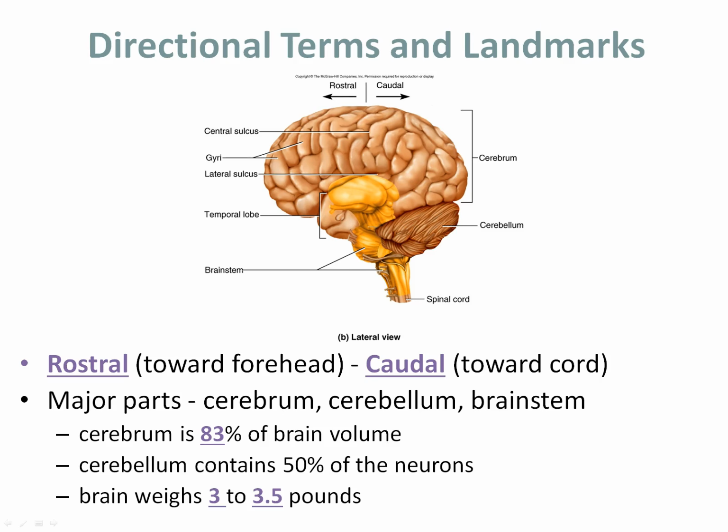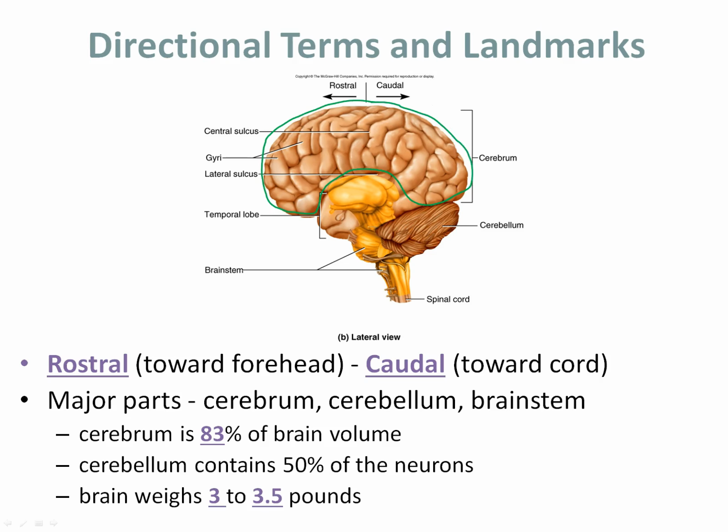Some directional terms and landmarks you should know are rostral, meaning towards the forehead, and caudal, meaning towards the cord. The major parts of the brain are the cerebrum, the outer part that looks much like a big blob of thick noodles, so this is our cerebrum.